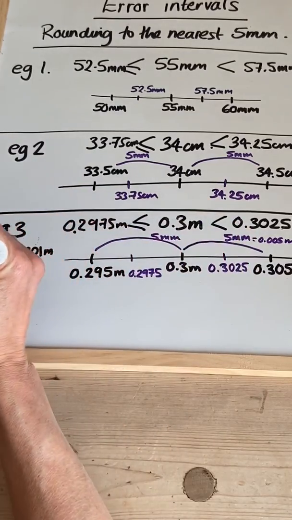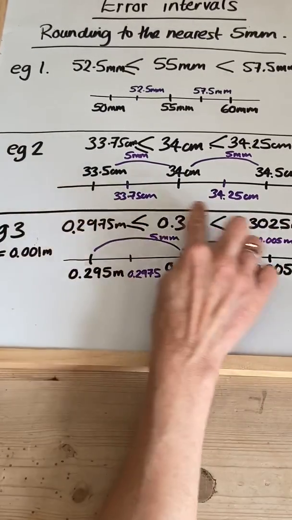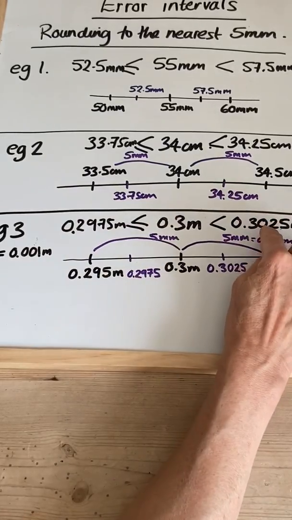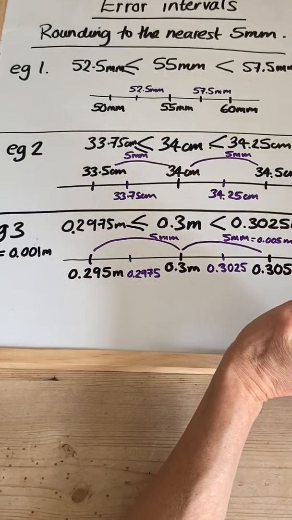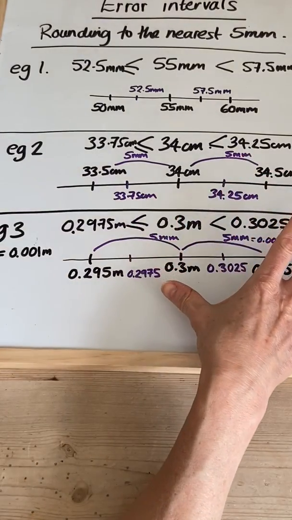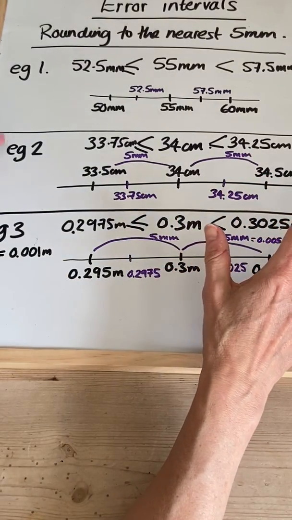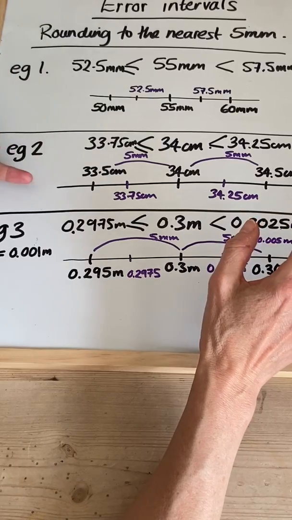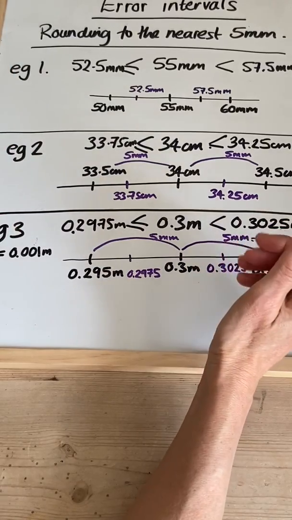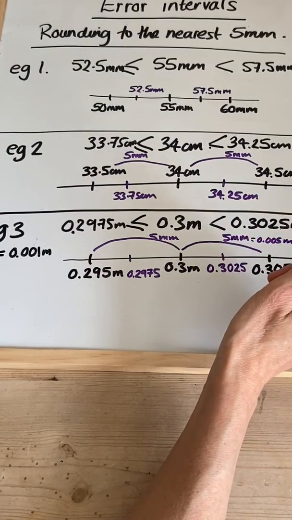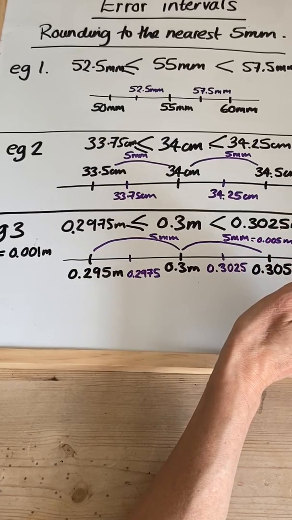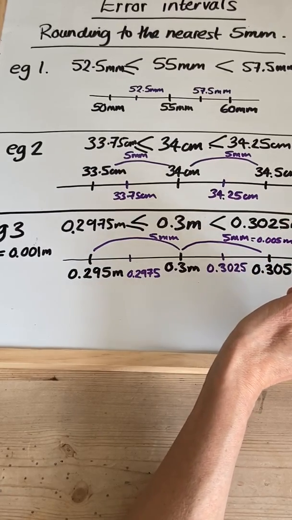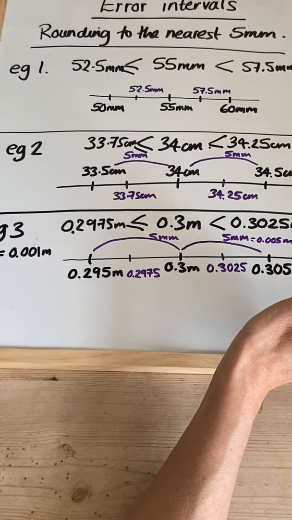You can think of it as 2.5 millimeters each way, or 0.0025 meters each way. Bear in mind these ones are getting increasingly difficult as we go down the page, but hopefully going through these will help you to tackle some of the questions towards the end of the measures and accuracy questions that I'm going to set you for homework.